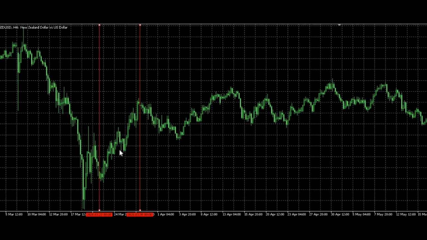Each of them has the same size as the third or fifth wave. Did you see? This is the fifth wave and this is the third wave. The sum of the third and fifth waves is equal to the size of the first wave.